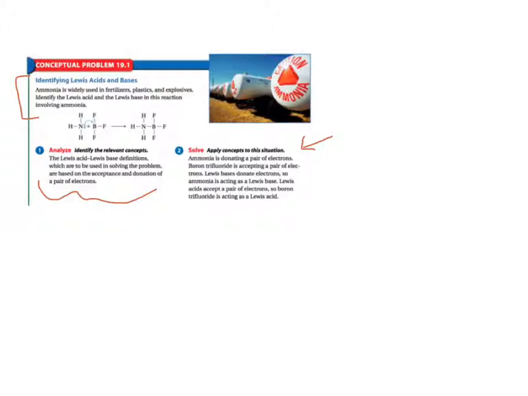So here the ammonia is going to act like the base, and the boron trifluoride is going to accept that pair of electrons, and it is going to be the Lewis acid. Once again, it is accepting a pair of electrons, okay? So that's kind of a demonstration about how those definitions are a little bit different from one another, all right?